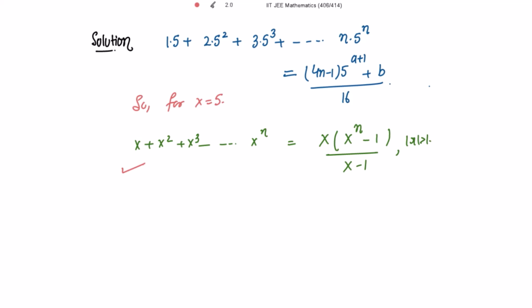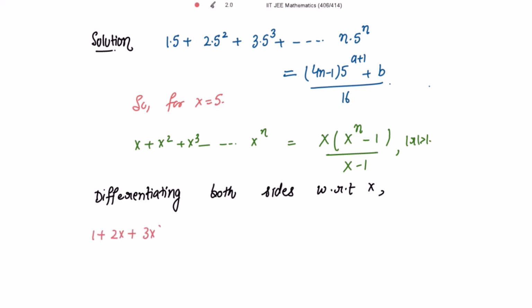Let's differentiate both the sides with respect to x now. So on the left hand side we get 1 plus 2x plus 3x squared up to so on, this is nx the power n minus 1 equals to, differentiating the right hand side with respect to x. So I'm having the denominator here. So this is square of the denominator.